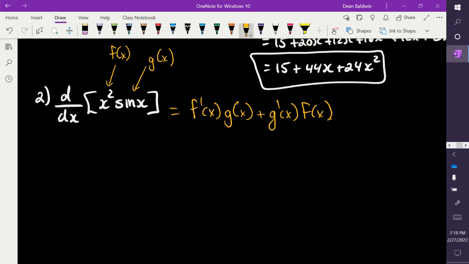Right? What's f prime? What's the derivative of x squared? 2x. G is just sine of x. Plus, what's the derivative of sine? Cosine times x squared. So I'm just going to put the x squared up front. That's it.